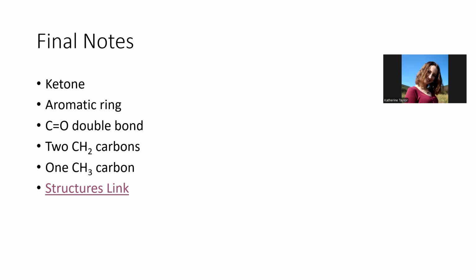And then our final carbon is a CH3 carbon that has three hydrogens bonded to it. Furthermore, the two CH2 carbons, we know that they are bonded to the carbonyl carbon in the CO double bond, which also means that they are not next to each other. If they were next to each other, we would see a lot more splitting because all of these carbons would have more neighboring hydrogens. So we know that they're on opposite sides of the carbonyl carbon here.